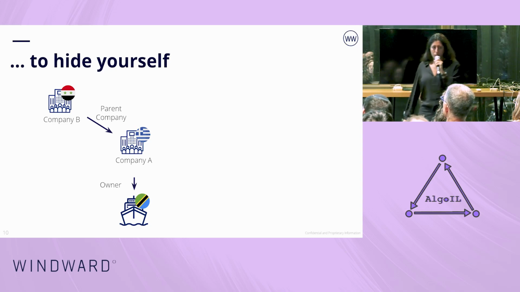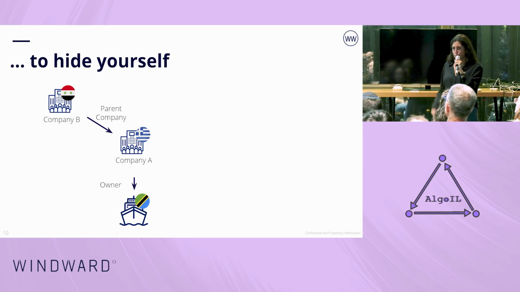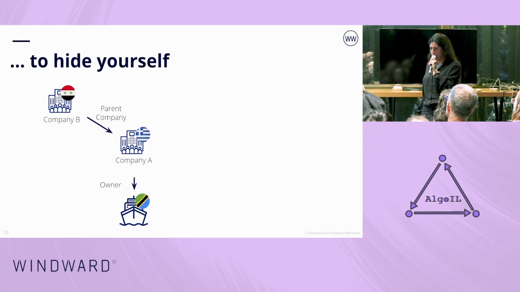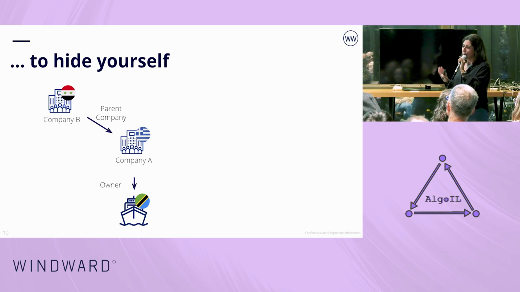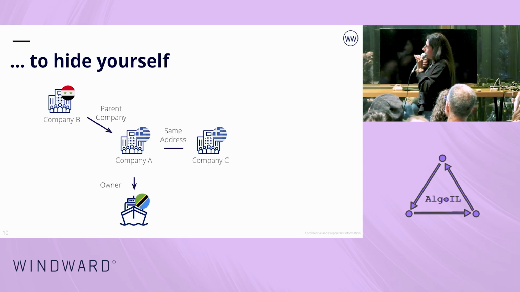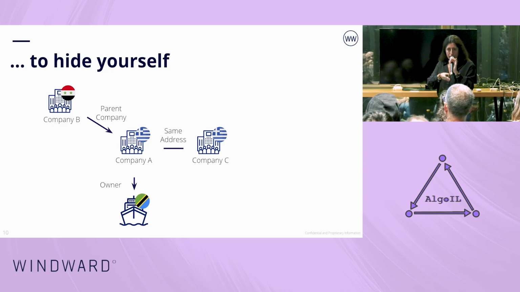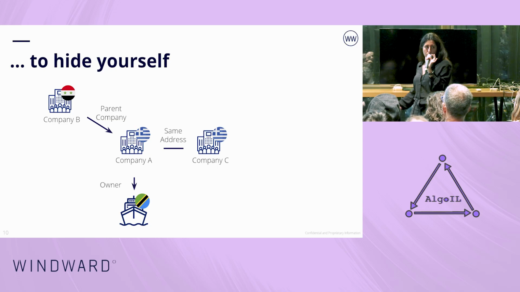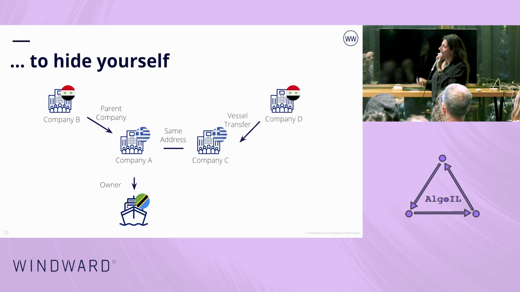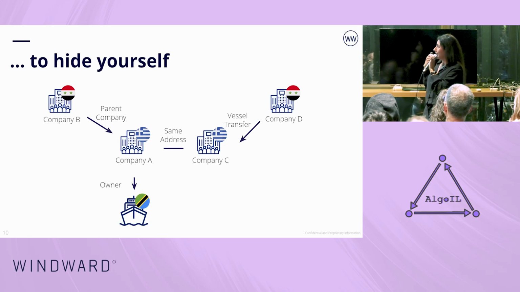When you look at this Greek company, you see that its parent company is a Syrian company. Now you understand why this vessel was a bit weird in the first place. You see that this company is sharing its exact same address and exact same phone number with another Greek company called Massed Shipping. And when you look at Massed Shipping, you see that it receives vessels from a company called Maziad Shipping.